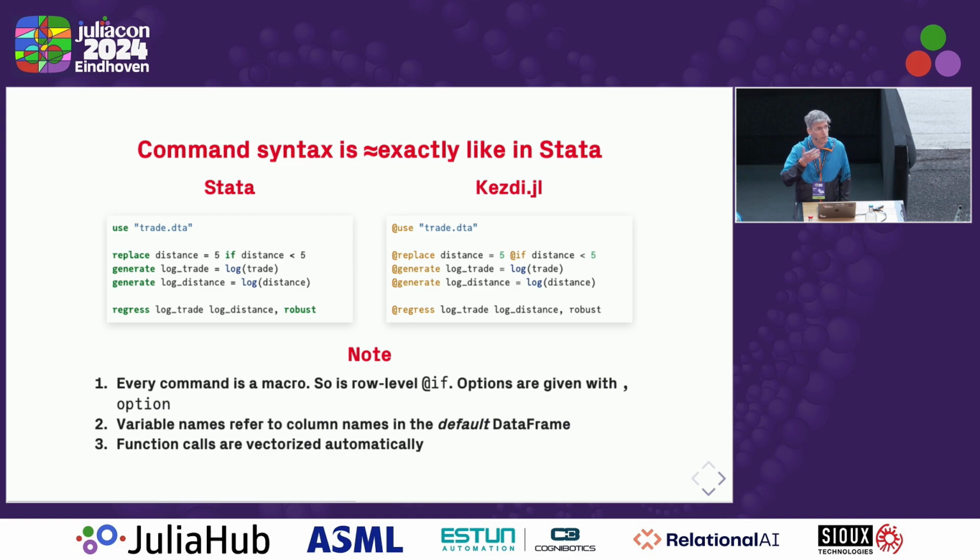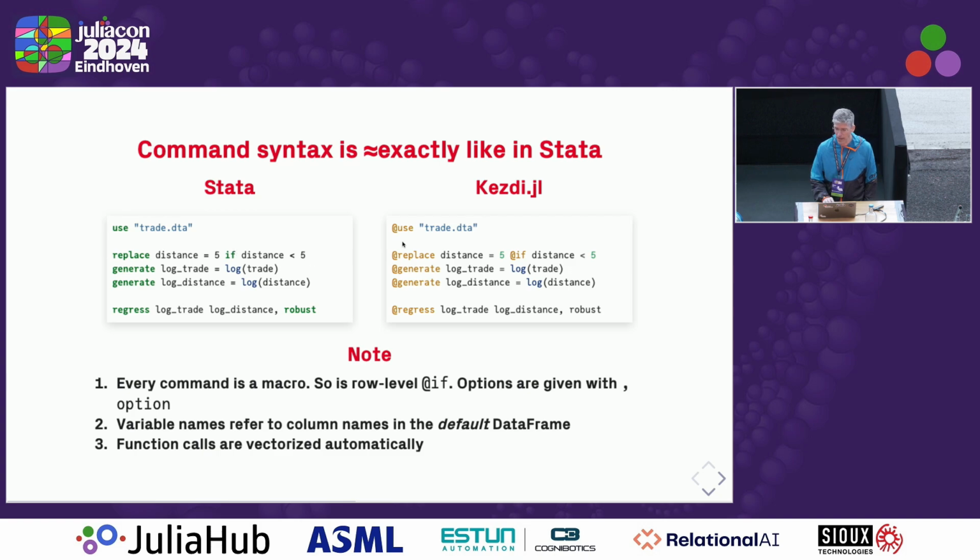Something to note, maybe for a Julia audience, is that nothing in Kezdi.jl is a function, or at least the functions are not part of our public API. Everything is going to be a macro, and we even have this row-level if clause. Basically what it does is it executes a command only on a subset of the data frame. And we are using the word if because that's what Stata users are used to.